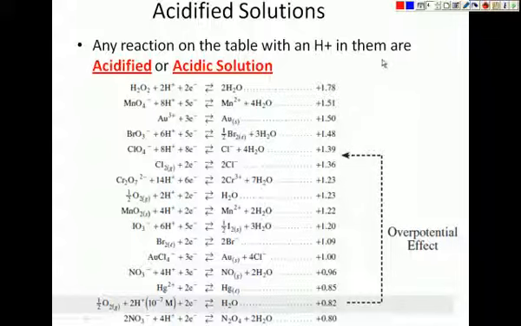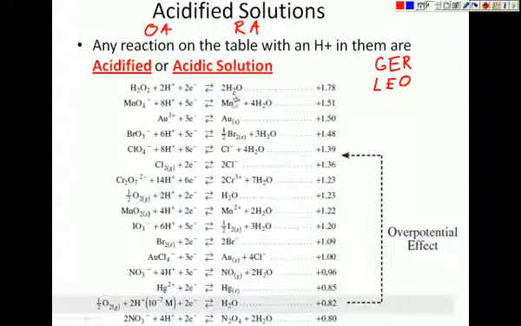Remember our little thing, how we memorize: gaining electrons is reduction, and if we go in the reverse reaction, it loses electrons, and therefore losing electrons is oxidation. On this side we have our oxidizing agents, and our reducing agents are on this side.